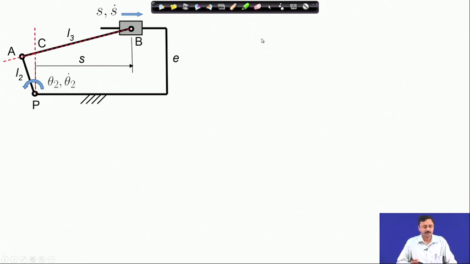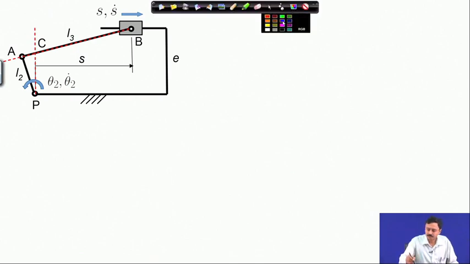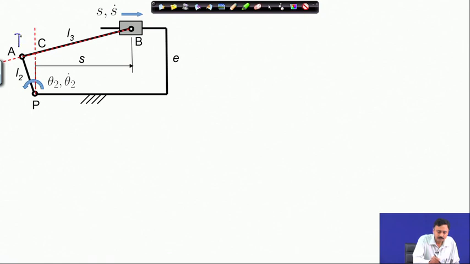So, formally I have done this for you. C is the instantaneous center of rotation I24. What is the significance of I24? Let us recollect. It is the point on extensions of bodies 2 and 4 which have the same velocity at that point.